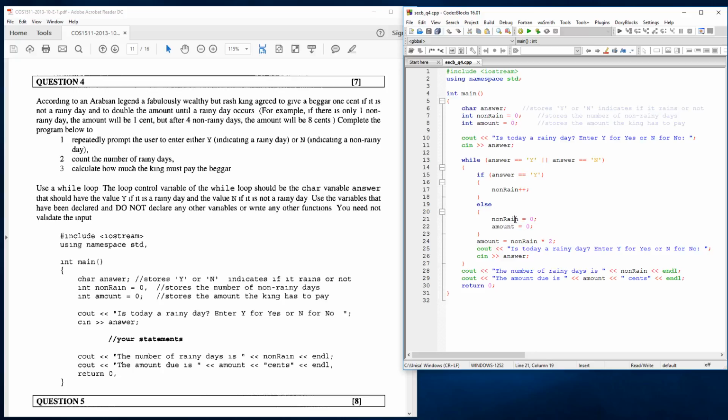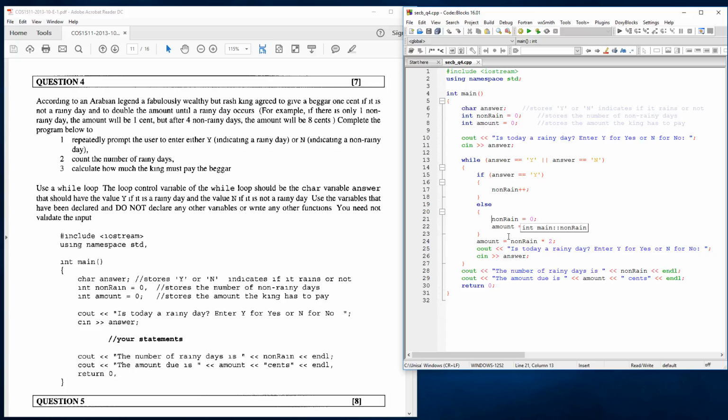This could be misinterpreted. It could have been that you don't set the non-rain to 0. You maybe set the non-rain to minus, and then the amount to 0. Because from what I was understanding here, it said, not a rainy day. Give a beggar 1 cent if it is not a rainy day, and to double the amount until a rainy day occurs.